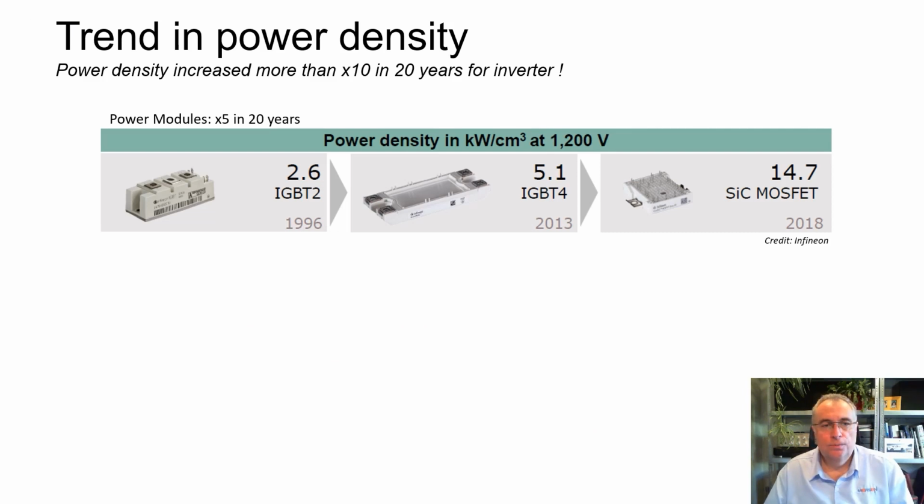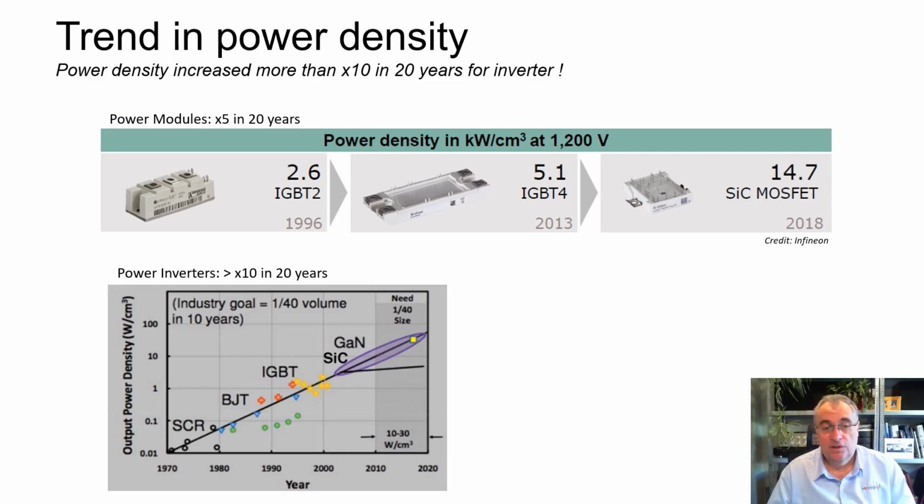What I also want to highlight is that over the last 20 years, there's been an incredibly huge increase of the power density. These are data coming from Infineon: from the second generation IGBT to the SiC MOSFET, the power module power density has been multiplied by 5 over the last 2 decades.